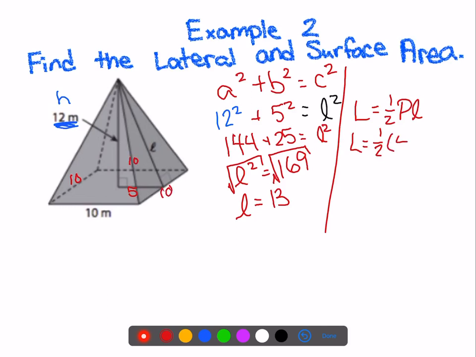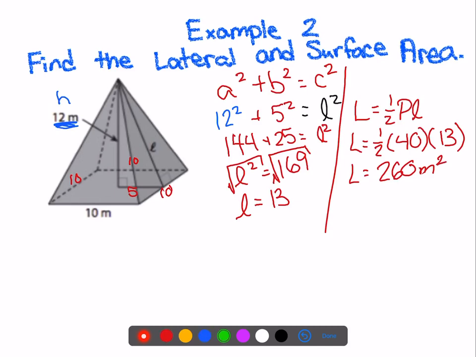So 40 times our new slant height, which is 13. Well, let's see, half of 40 is 20. 20 times 13, well, 13 times 10 is 130, times 2 would give us 260 meters squared.